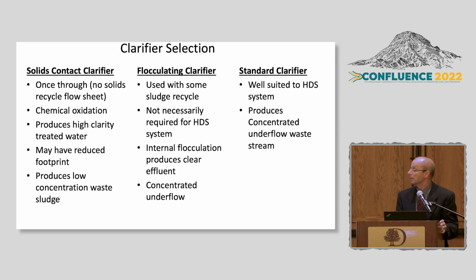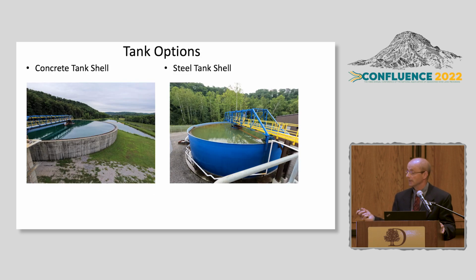Okay, just quickly on tank selection. Obviously, the tank is a very expensive part of the clarifier. On the left is a concrete tank. It's more expensive upfront cost, but maintenance-wise, it's going to last a lot longer.